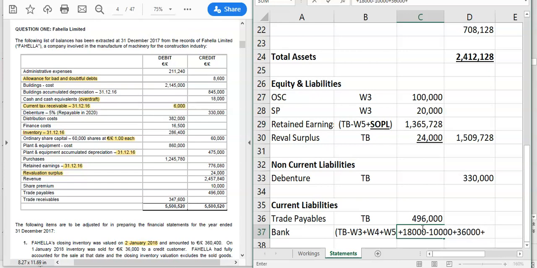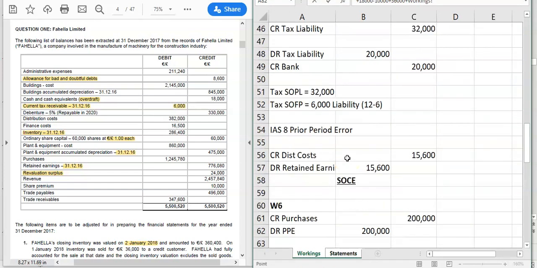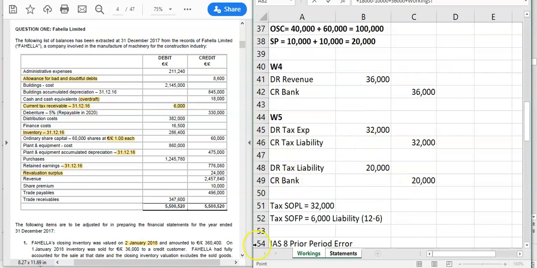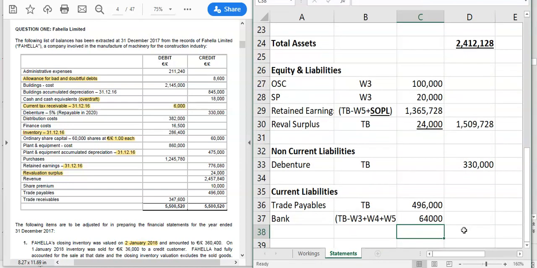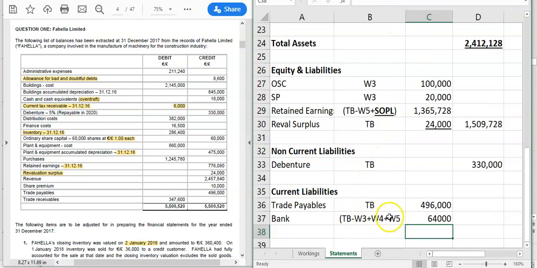And then you increased it by, just check working 5 again, 20,000 because you paid some element of the tax. So 64,000 is your bank overdraft at the end of the year. Start off with the 18, take off the 10 money in, add back the 36 money shouldn't have been in there, and the 20 for the tax.